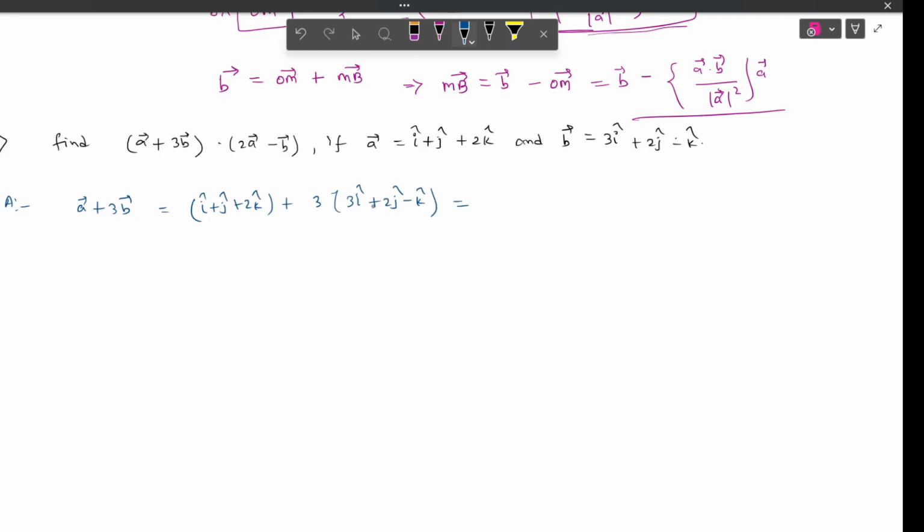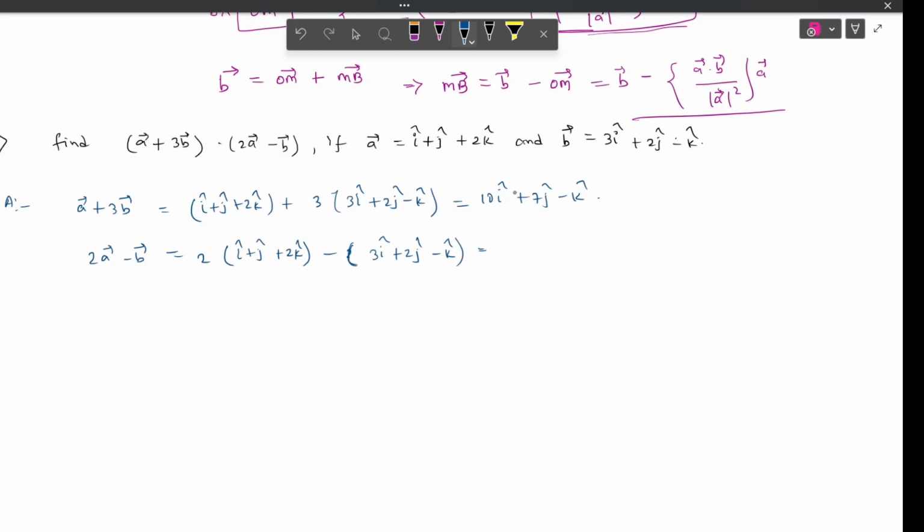If you add 9i cap plus i cap, that is 10i cap. Similarly 7j cap minus k cap. Now find 2A vector minus B vector, that is twice A vector, i cap plus j cap plus 2k cap, minus B vector, which is 3i cap plus 2j cap minus k cap.